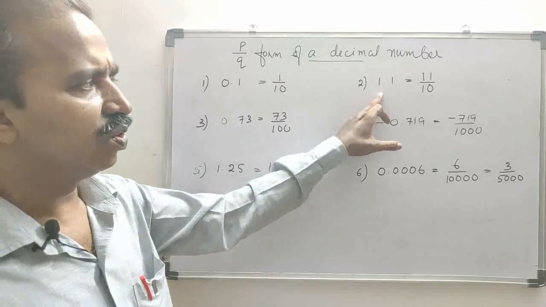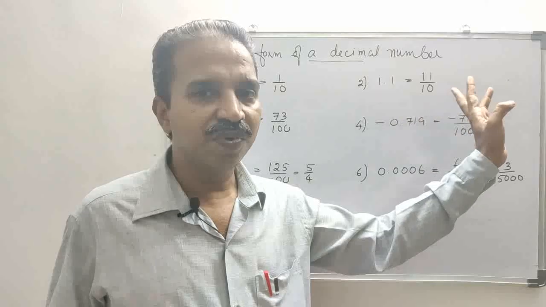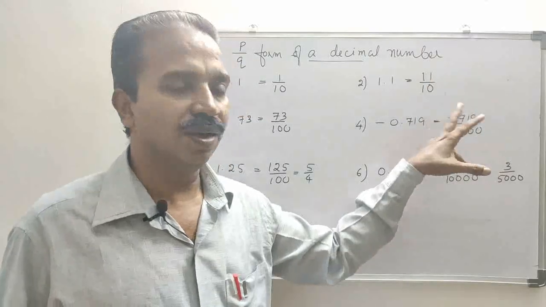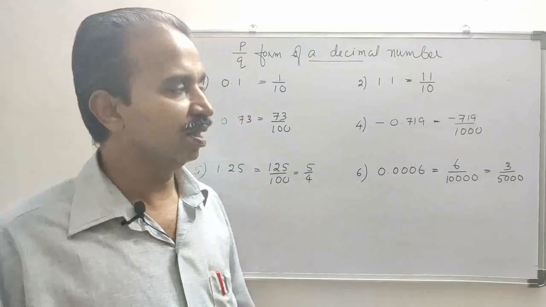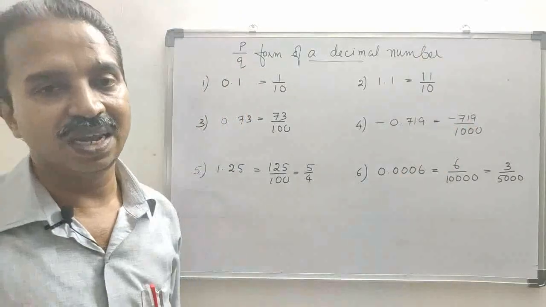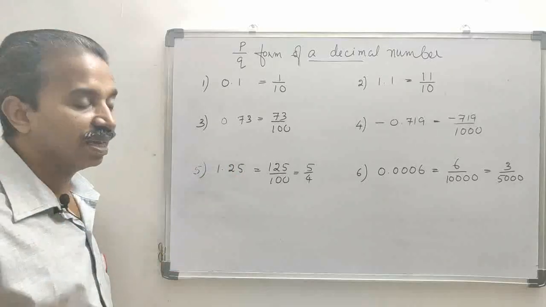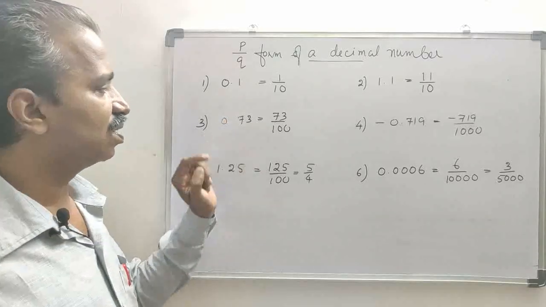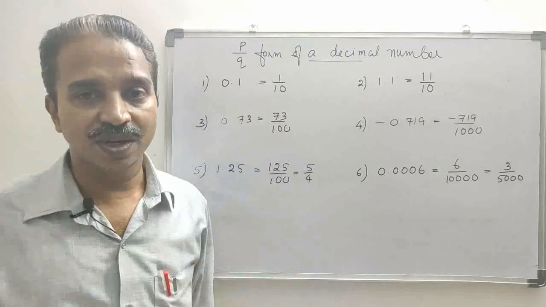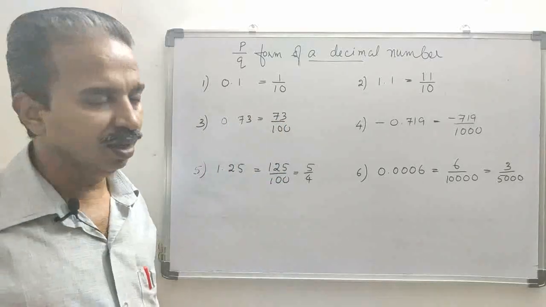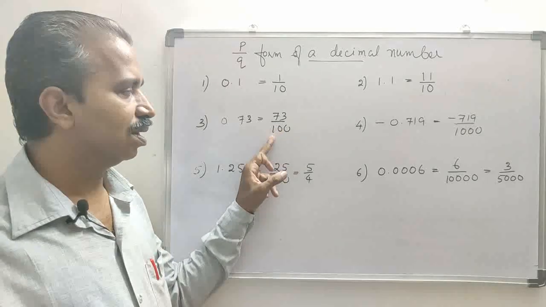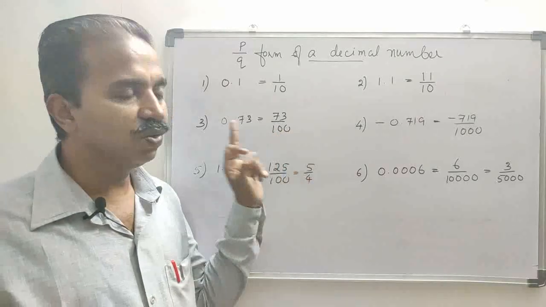Now in the second one also, 1.1, the number without decimal point is 11, only 1 digit is there after decimal point, so the denominator is 10. So the P upon Q form is 11 upon 10. When you come to the third one, 0.73, here 2 digits are there after decimal point. Number without decimal point is 73. Since 2 digits are there, at the right side of 1, 2 zeros are written.